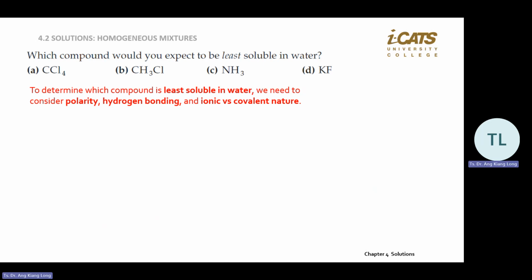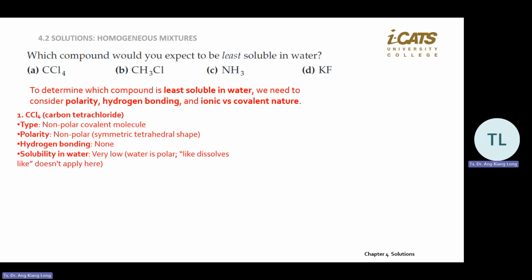You know that water is polar, so polar can mix with polar, and non-polar can only mix with non-polar. I ask about solubility in water. Starting from chapter 3, we assume you know water is polar. So you need to know whether it is polar, hydrogen bonding, ionic or covalent in nature.